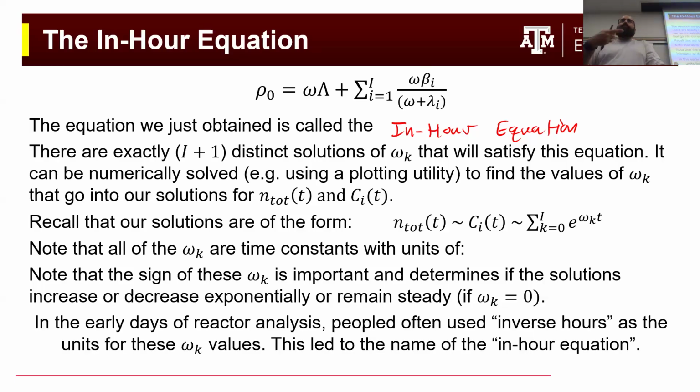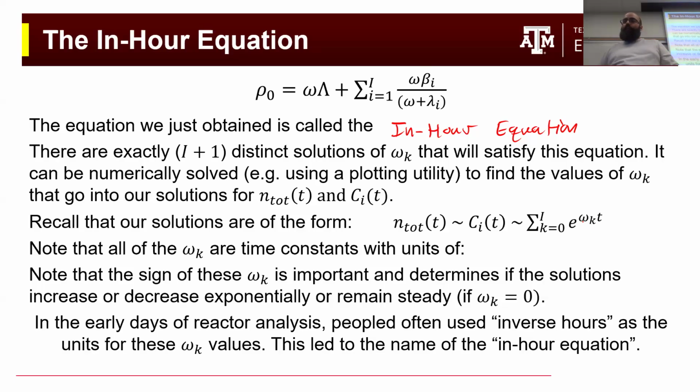Those correspond to the roots of the equation. So the best way to solve this is to use a graphing calculator to plot what this function looks like, and then to find the individual zeros, which will correspond to those time constants. And that's how you would know what the solution form of the n total and of the Ci would look like.